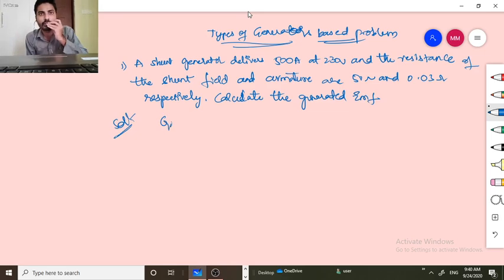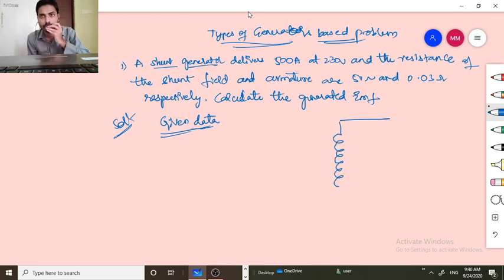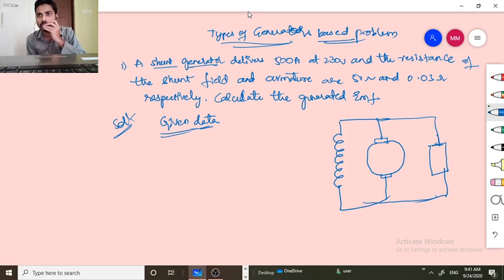So you should note down the given data. This is based on the shunt generator, so you need to draw the shunt generator first. So I am drawing the shunt generator. This is the shunt generator.